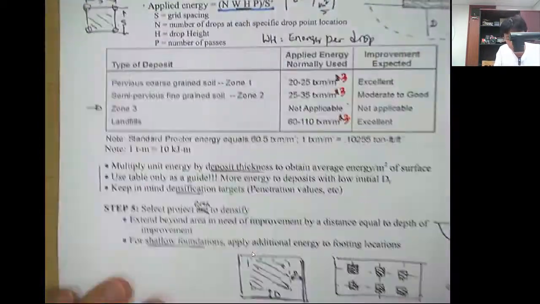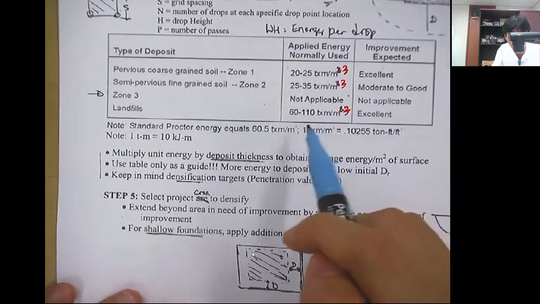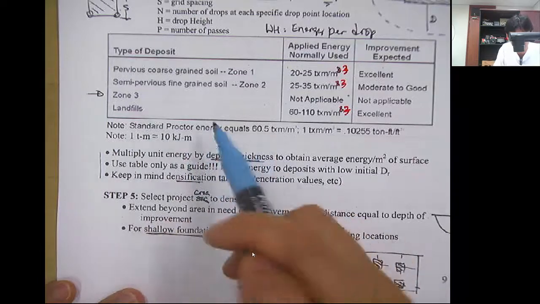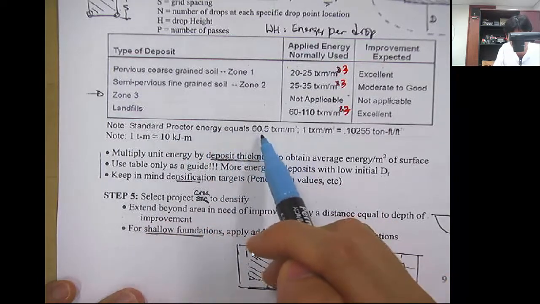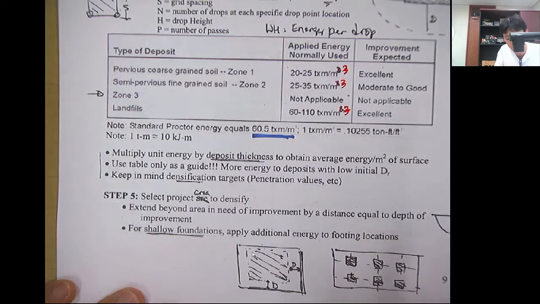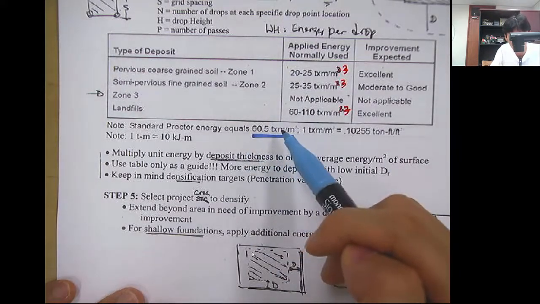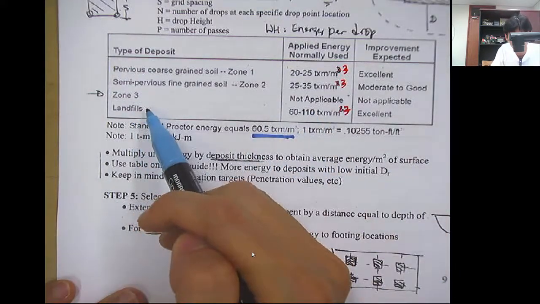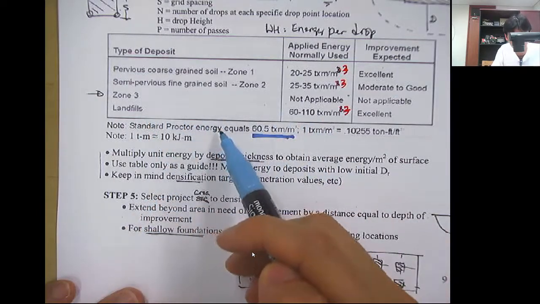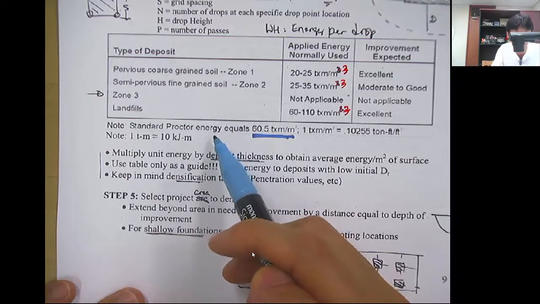To get some feeling for how big the value is, the standard Proctor test applies an energy equal to 60 ton times meter per cubic meter. So you can see that if you apply the DCC for the landfill, the applied energy will be pretty much similar to the standard Proctor test.